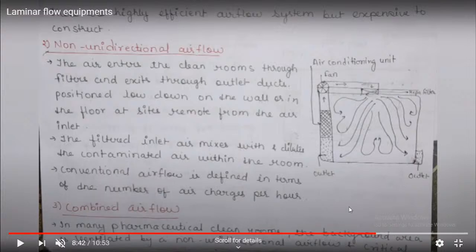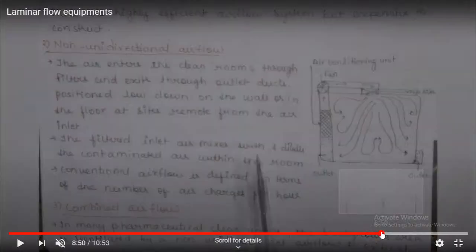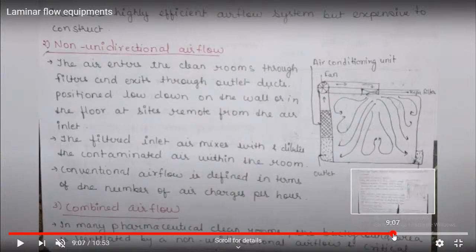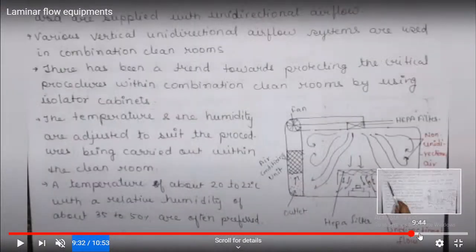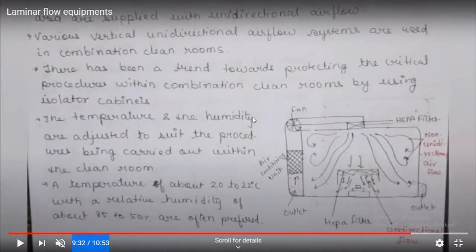In a pharmaceutical clean room area, the background air is ventilated by non-unidirectional airflow and the critical areas are supplied with unidirectional airflow.